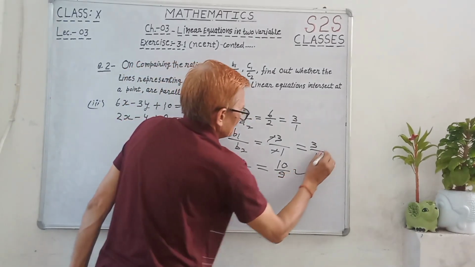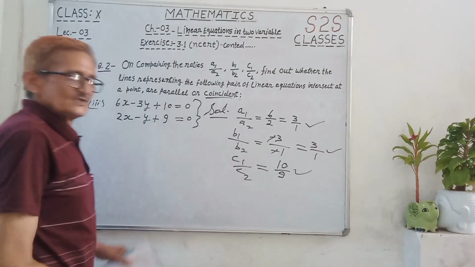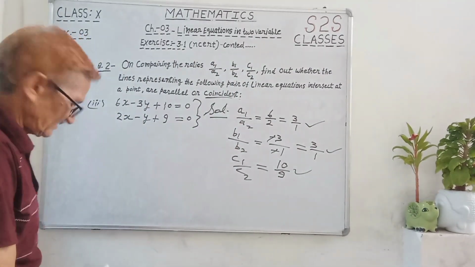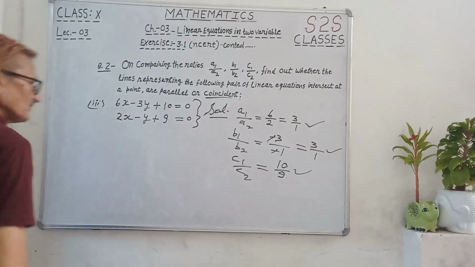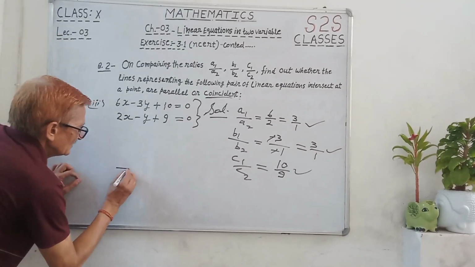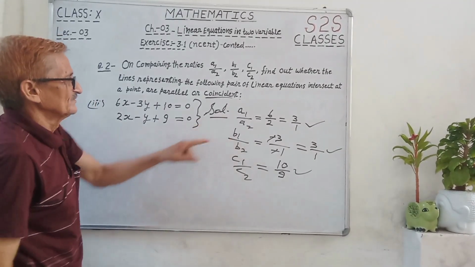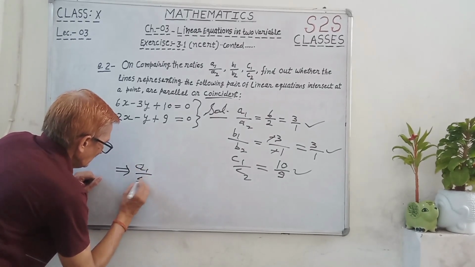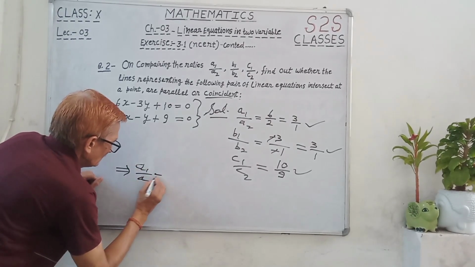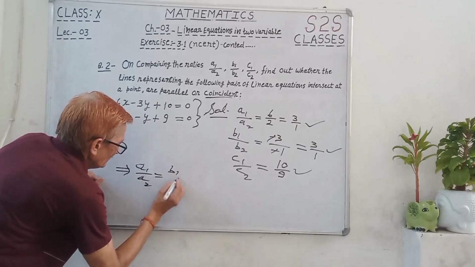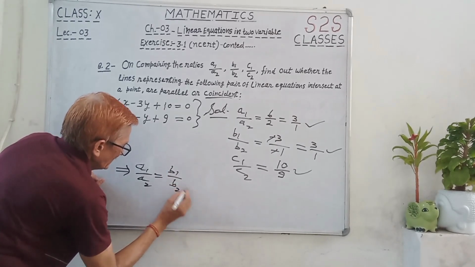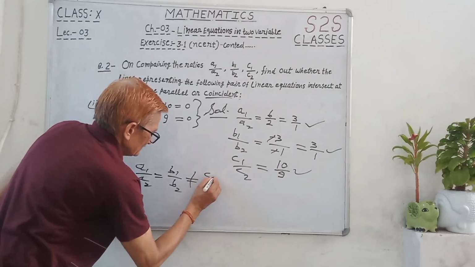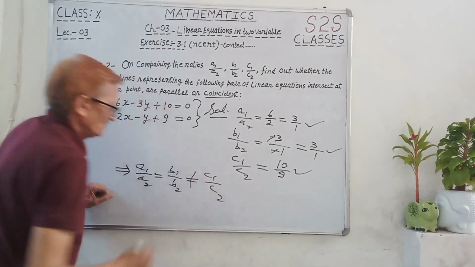So observe these three ratios and then write the answer. By observation, A1 upon A2 equals B1 upon B2, but not equal to C1 upon C2.